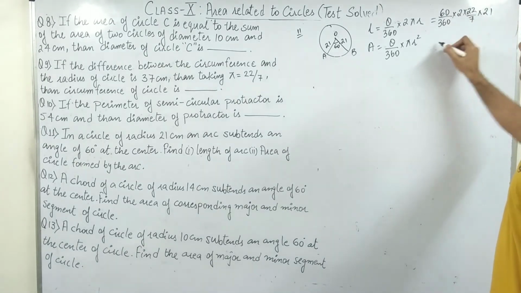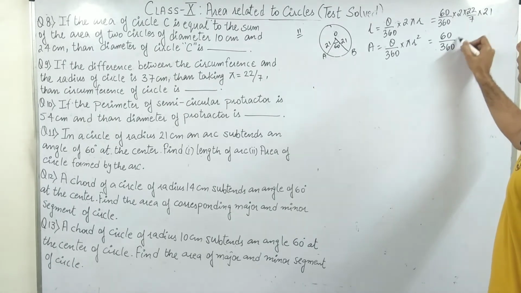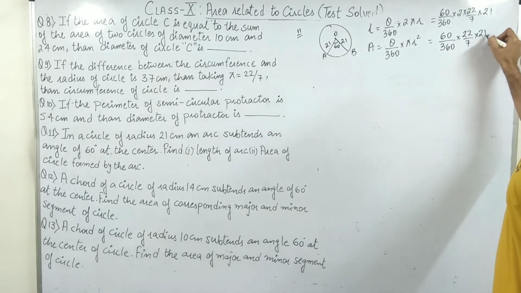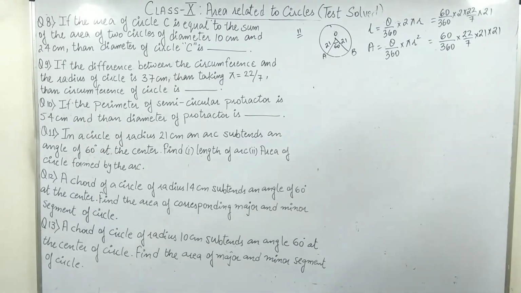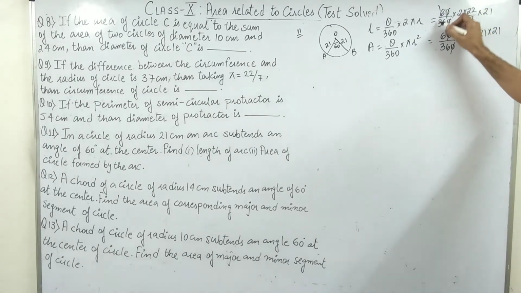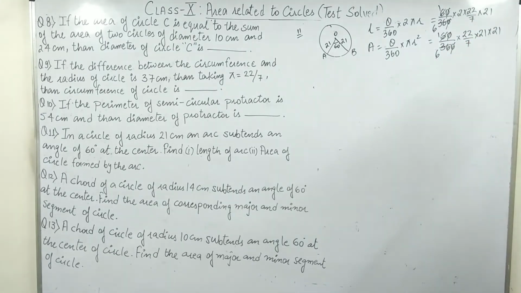It is 21. It should be equal to 60 upon 360 into 22 by 7 into 21 into 21. Correct? 7 times 1, 7 times 3, 7 times 1, 7 times 3.